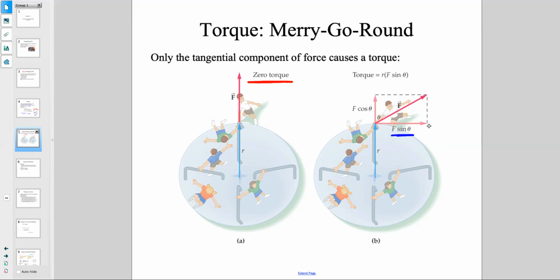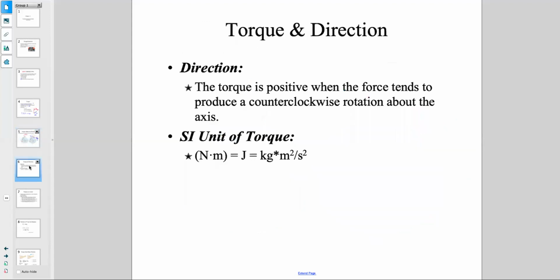This one doesn't do anything, because it is literally the same thing as along the radius. But F sine theta is doing work for us, in other words, it's causing the torque, or the angular acceleration, alpha.